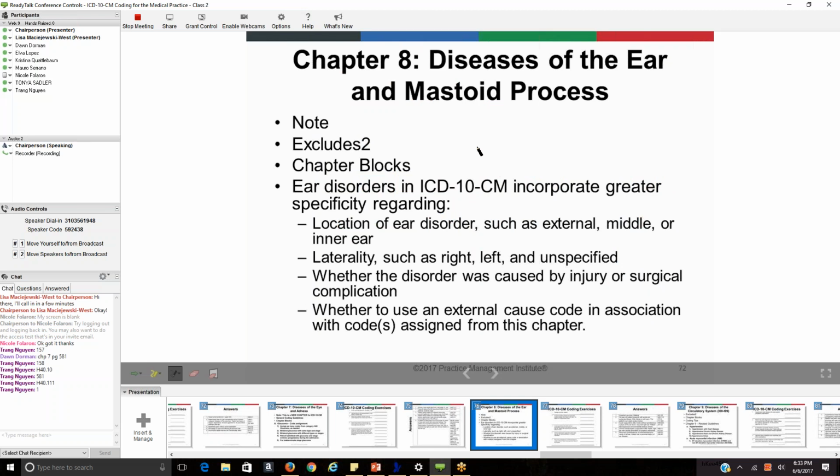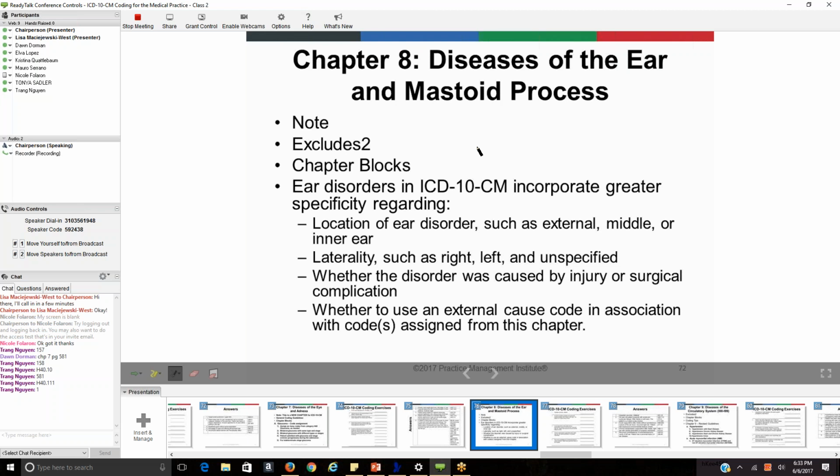You'll also find it in the ICD-10 2017 coding book on page 604. Let's take a look at the following notes. They're going to be essentially the same as Chapter 7.